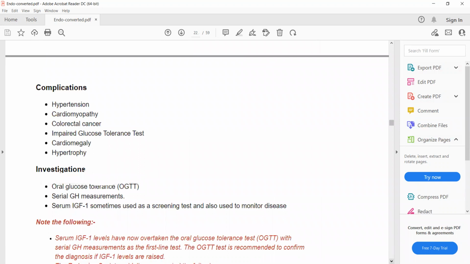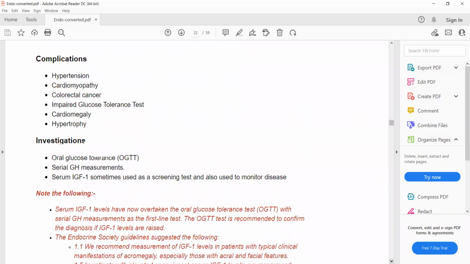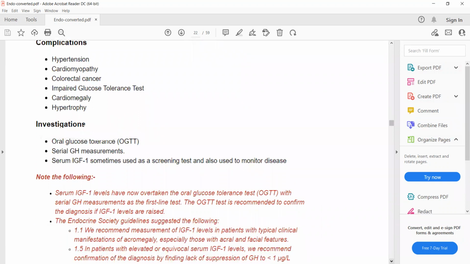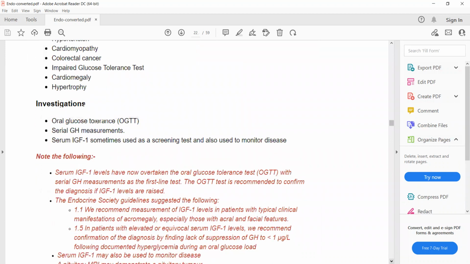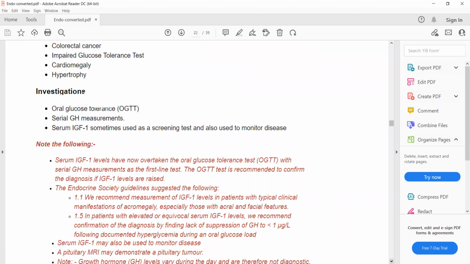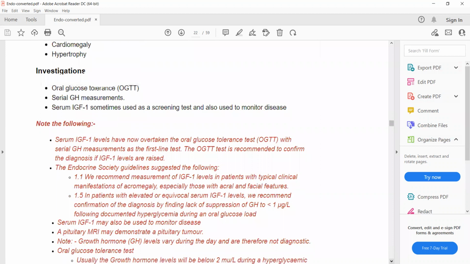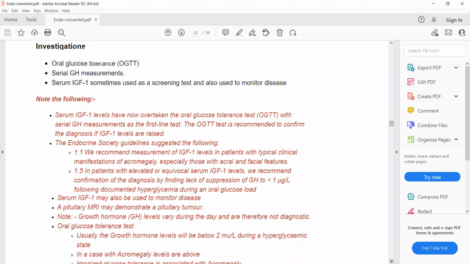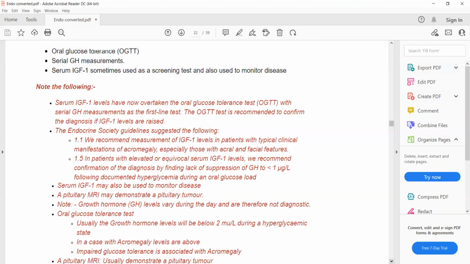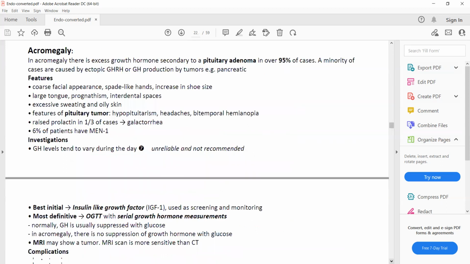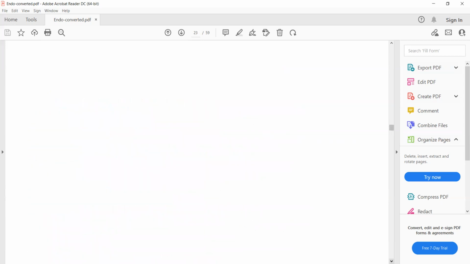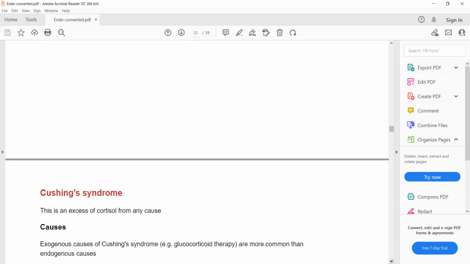So this was all about abnormalities of the hormones that were related to the pituitary gland: prolactinoma, acromegaly, SIADH, and diabetes insipidus. Is it clear to everyone up to this point?